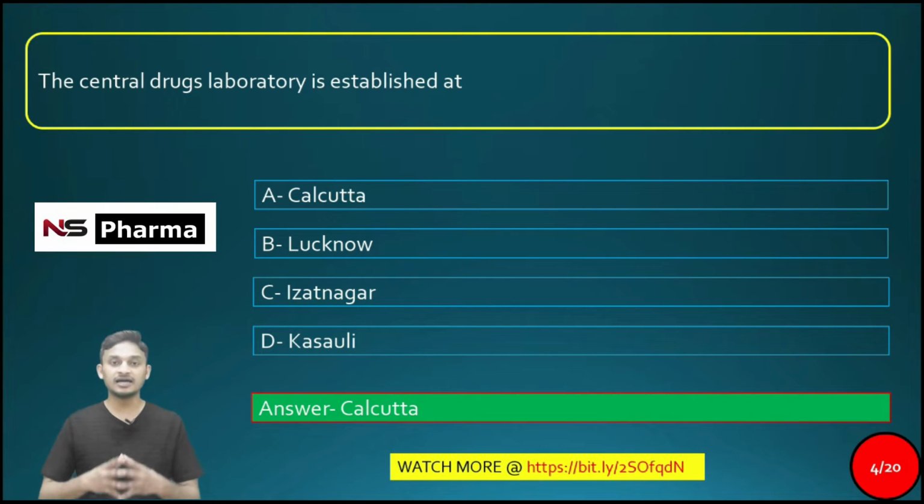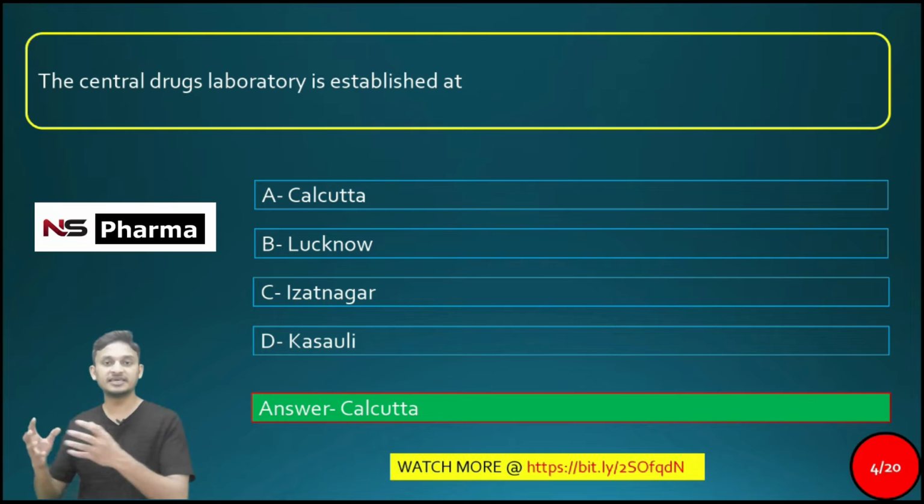Another government opium factory is in Madhya Pradesh, at Neemuch. So two government opium factories are there: the oldest one at Ghazipur, UP, and the second one at Neemuch, MP.